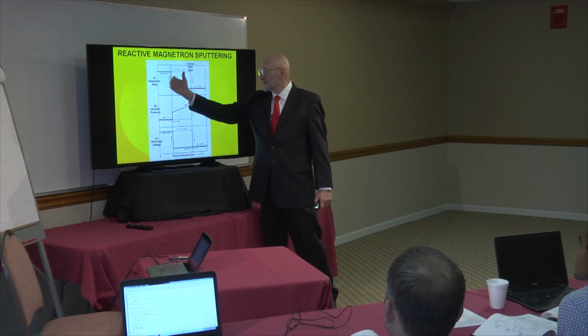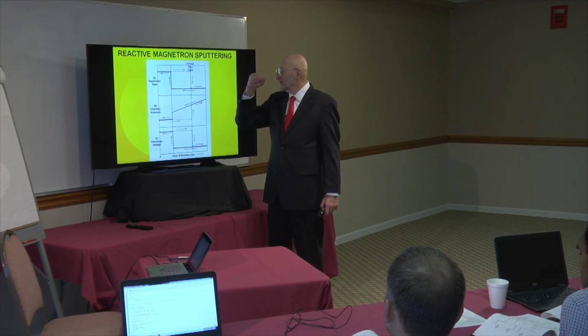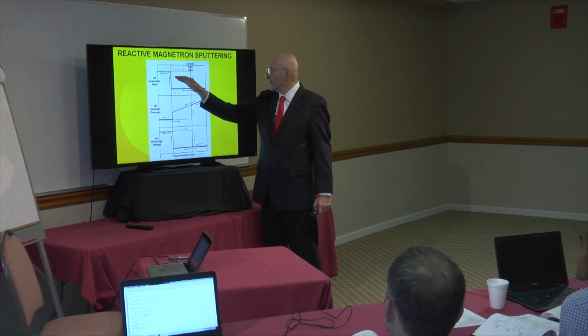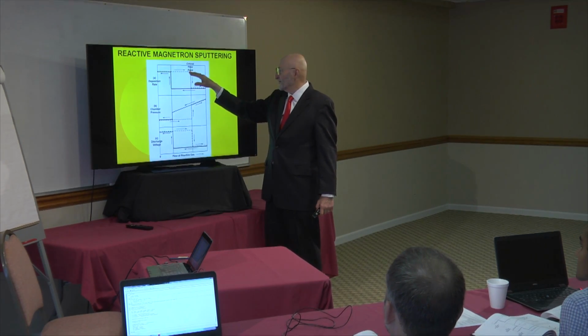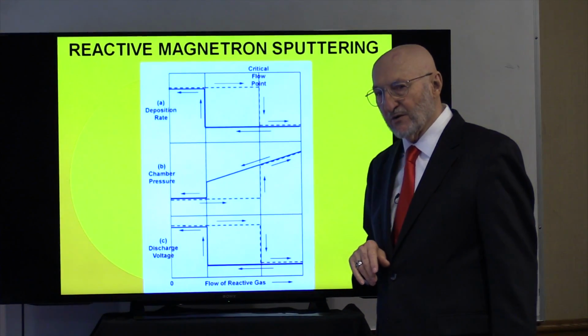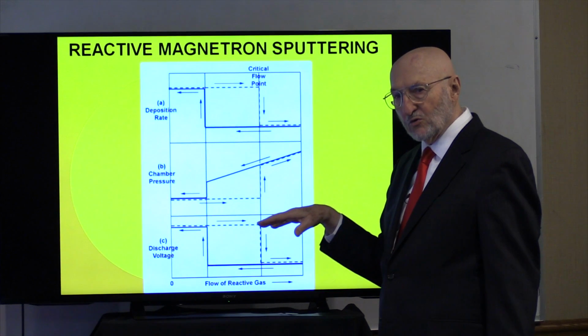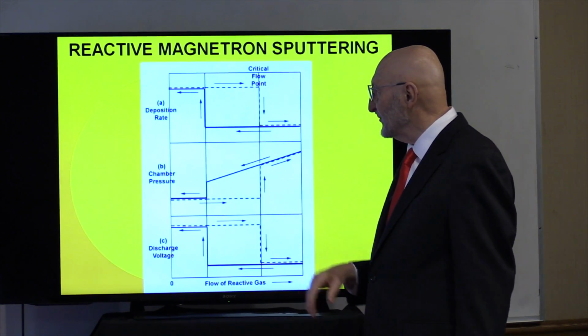When I start to sputter the metal, I'm at a very high sputtering rate. If I were trying to sputter aluminum oxide, it would be a low sputtering rate, maybe down here.